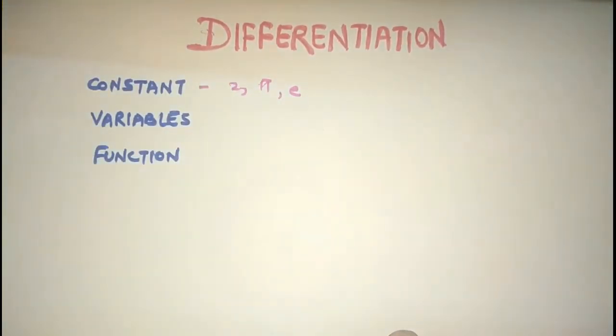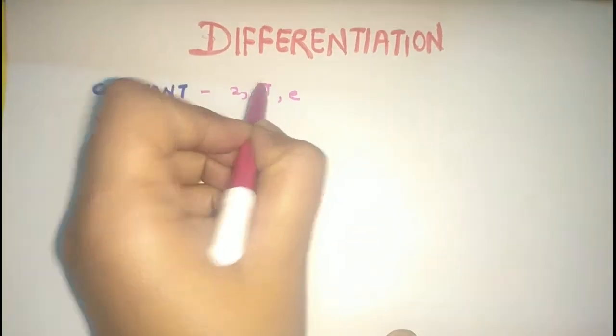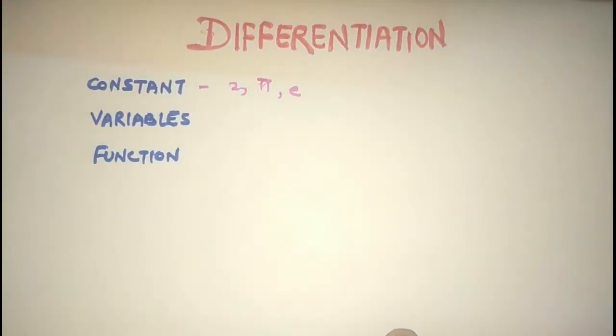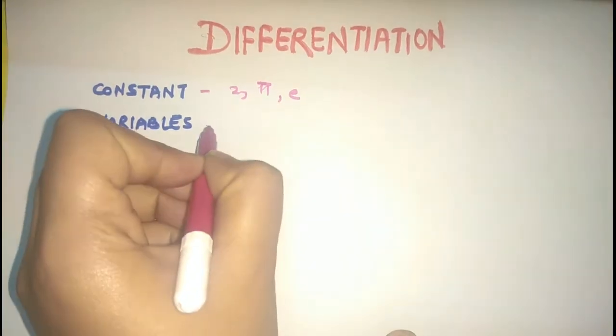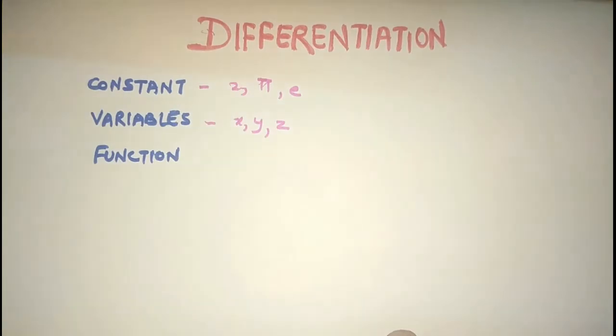These remain constant during mathematical operations. And what are variables? A quantity which can take up different values is called a variable. Like we have x, y, z. These are known as variables.